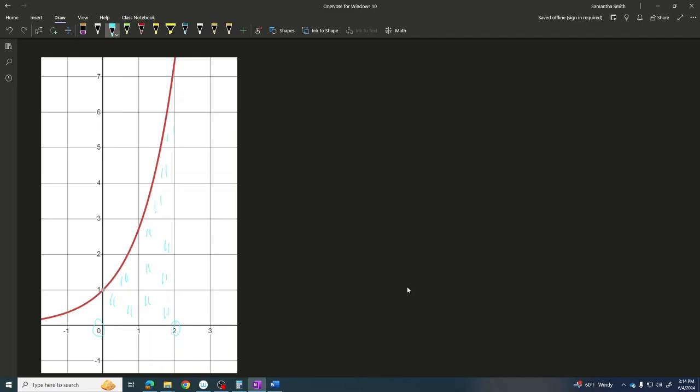This one and this one look like they could make about 6 squares together. And then we have a tiny portion here and a tiny portion here of a square. So I'm thinking somewhere in the ballpark of 6.5 squares beneath the function and the x-axis between 0 and 2. And so 6.5 squares each of area 1 gives me a net area of approximately 6.5.